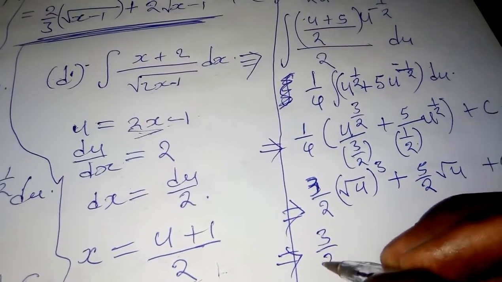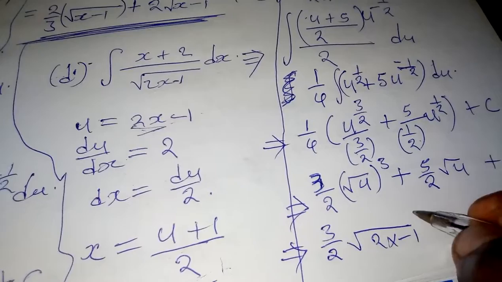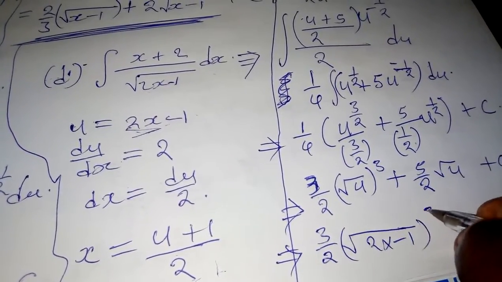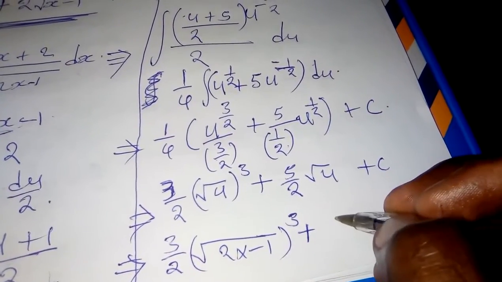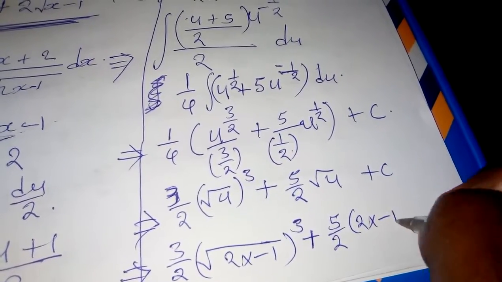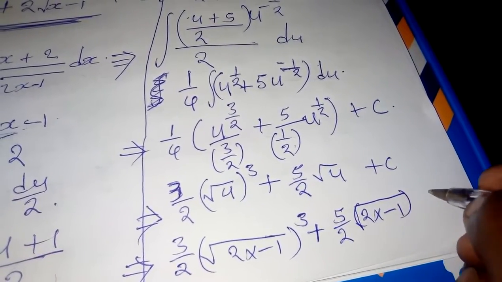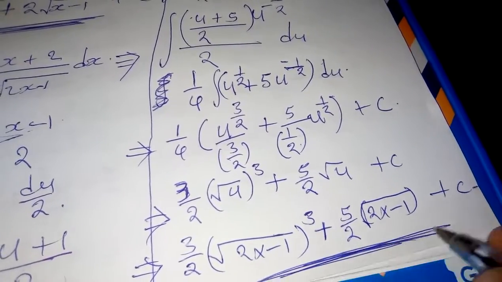So you're going to have 3 over 2, and then the root of 2x minus 1 raised to power 3, and then plus 5 over 2, you have the root of 2x minus 1, then plus c. So this is now the integral of this question here.